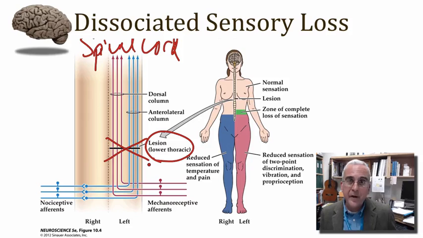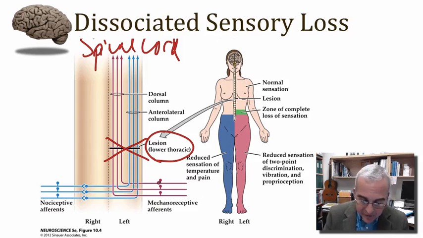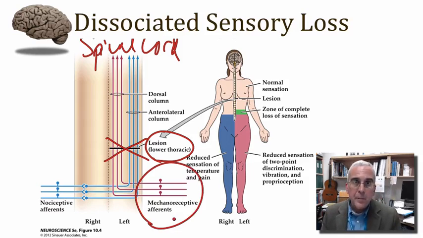This is actually fairly common. We can see this with a contusion injury, with vertebral fracture, with a tumor that may be compressing the spinal cord from one side. So it's a relatively common presentation, and it's very distinctive. So what such a unilateral lesion would do is damage the ipsilateral mechanosensory afferents that are entering the spinal cord and ascending in the dorsal columns.